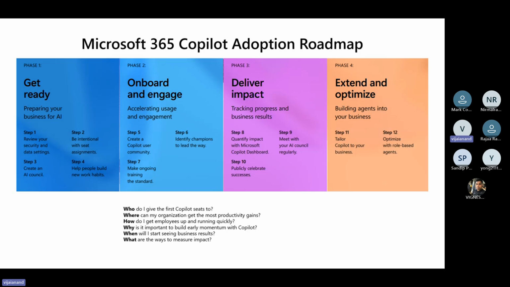So track your current usage trends, define the use cases for your different business units, and then provide the licenses for that specific business unit, phase by phase. And you can make use of certain tools that we will be seeing later, which will help you to decide whom we need to assign licenses to, who is eligible for licenses, and all those things.